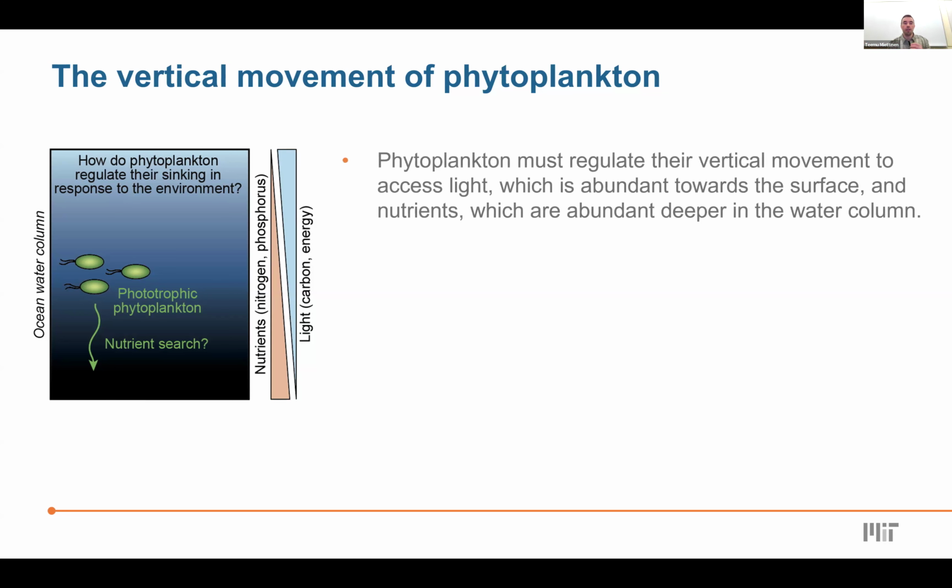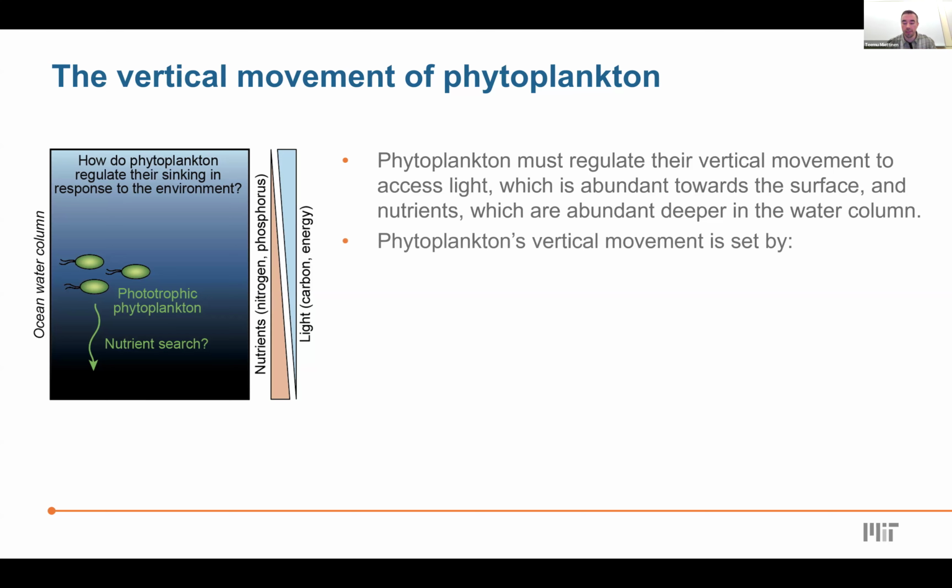So there's essentially an eco-evolutionary pressure for phytoplankton to set their vertical depth in the water column. And plankton, especially these small plankton, cannot fully set where they are. They are wandering partly based on ocean currents, but they have some control over their vertical position.